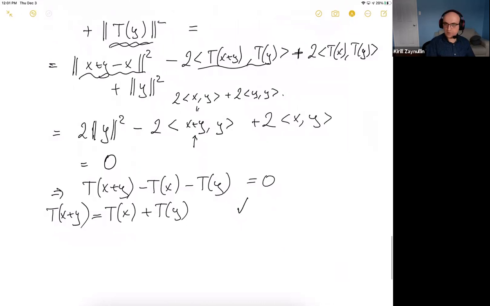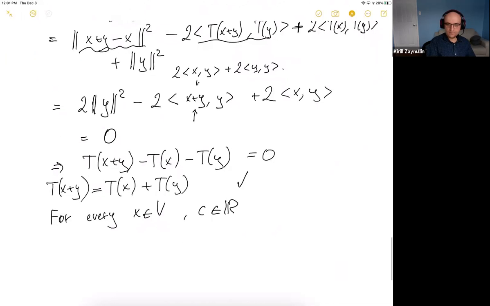Now there's another property which remains to check, that T preserves the scalar multiple. But this one is a bit easier to check. You just pick a vector x and a scalar, say, c. Then we want to compare T of cx with c of Tx, so look at the square of the length of this difference.